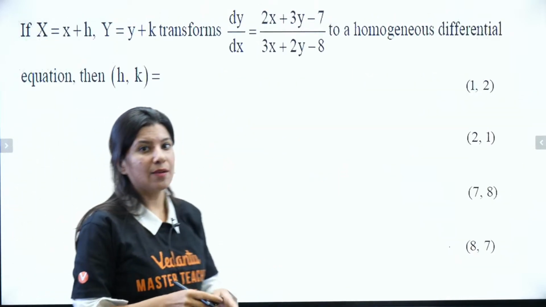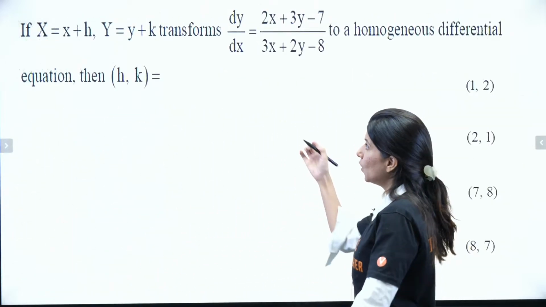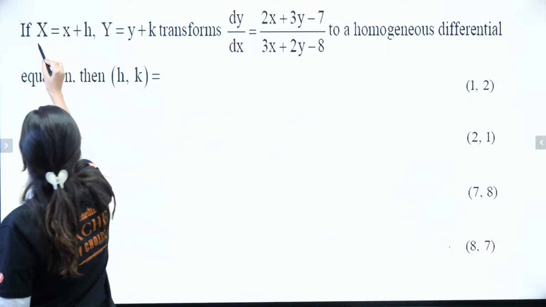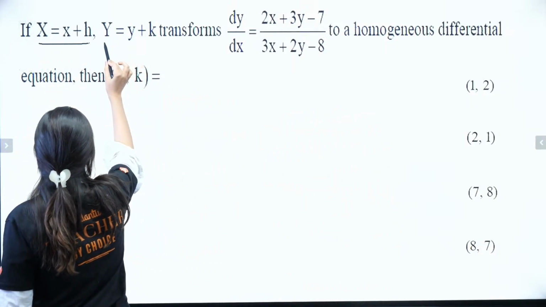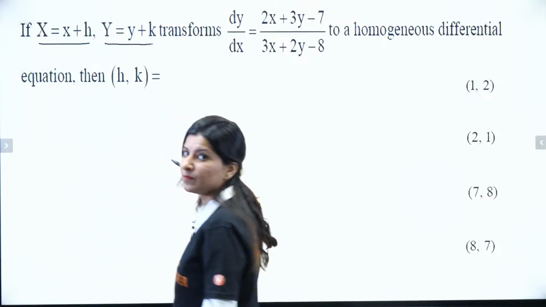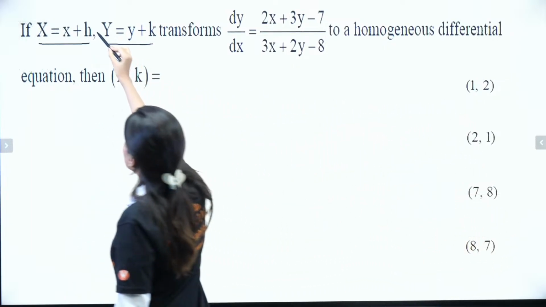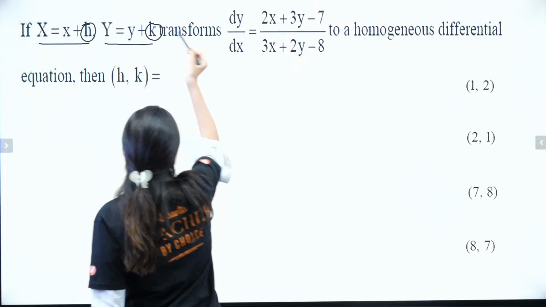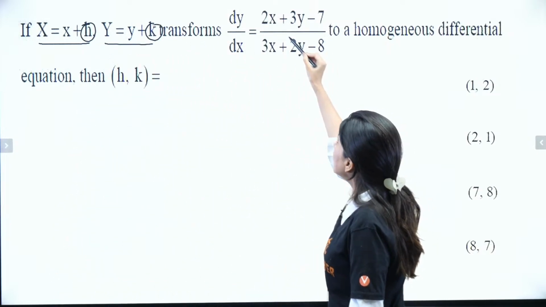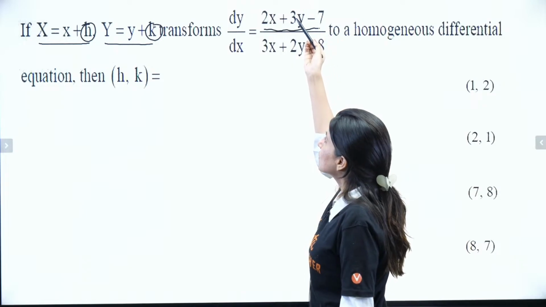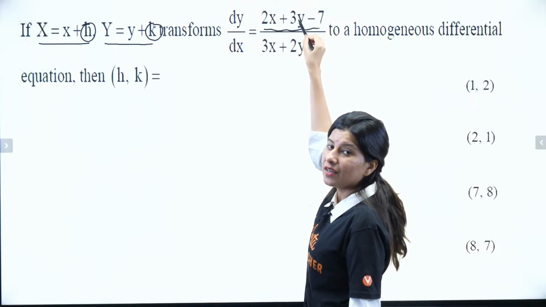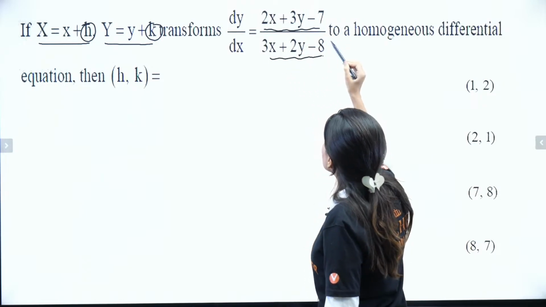Let me show you with the help of this question. Over here, you can clearly see capital X is equal to x plus h, capital Y is equal to y plus k. Okay. All right, and again I told you the same thing, h and k. The moment you put h and k in here, first linear, it should be 0 and it also should be 0.